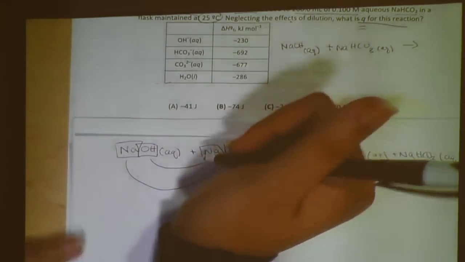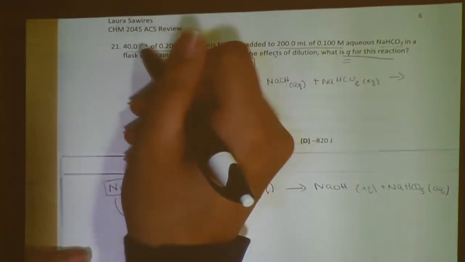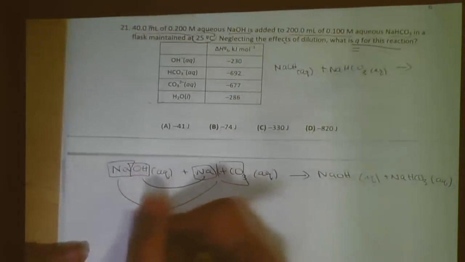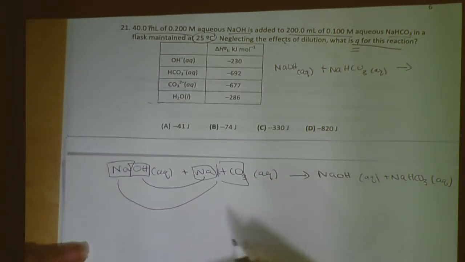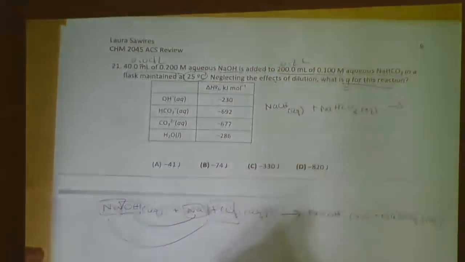Because, again, you have milliliters and molarity, you can easily calculate the moles. So this is going to be 0.04 liters. This is going to be 0.2 liters.